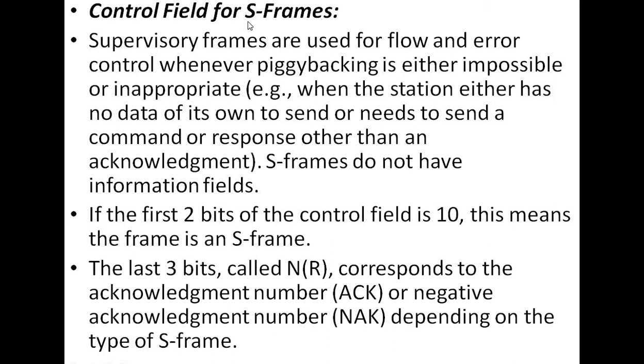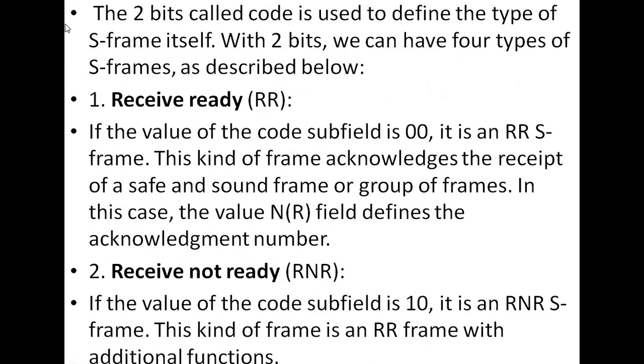So here it is given, control field for S frames. Supervisory frames are used for flow and error control whenever piggybacking is either impossible or inappropriate. If the first 2 bits of the control field are 1 and 0, this means the frame is an S frame, and the last 3 bits, called N(R), correspond to the positive acknowledgement or negative acknowledgement number depending on the type of S frame, and the 2 bits called code are used to define the type of S frame itself.